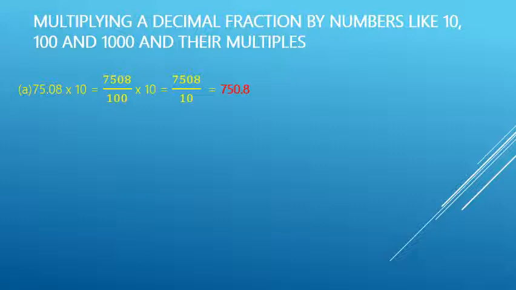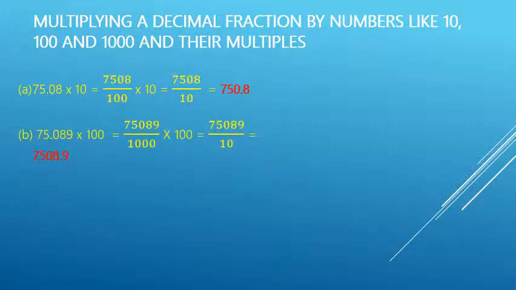We write 75.08, which is a decimal fraction, as a common fraction. So it will be 7508 upon 100 multiplied by 10. Now we will cancel the common 0 in the numerator as well as in the denominator, that is in 10 and in 100. And then what is left? It is 7508 upon 10. So now we will change it into a decimal fraction, which is 750.8, and this is our answer.